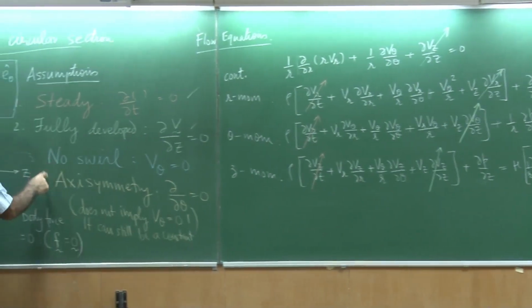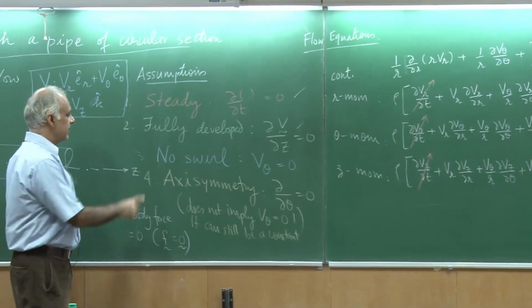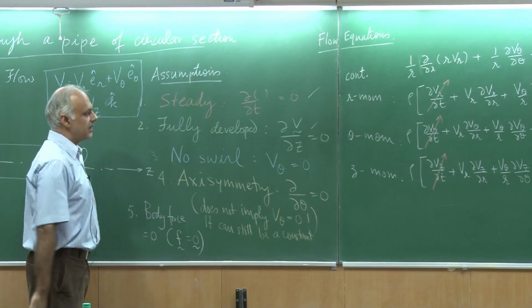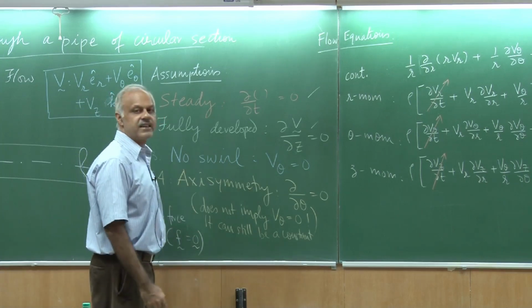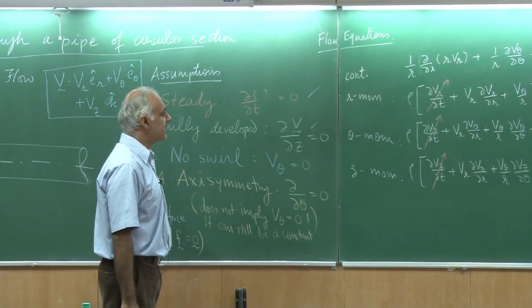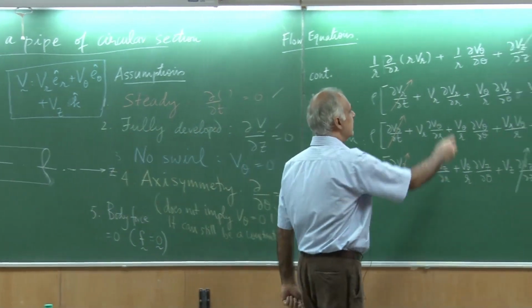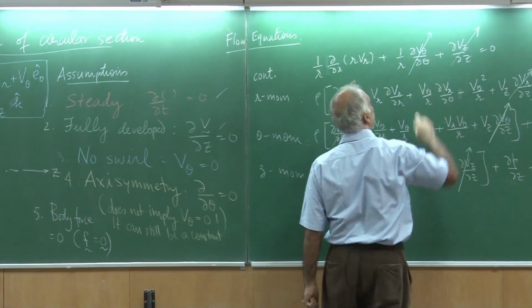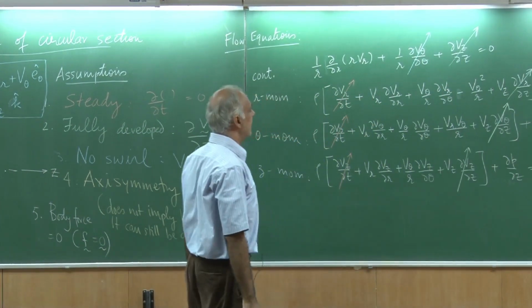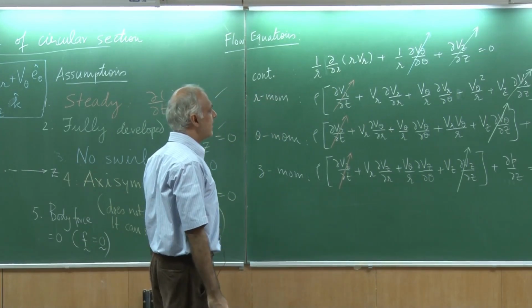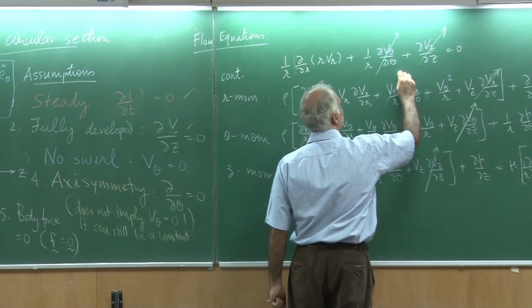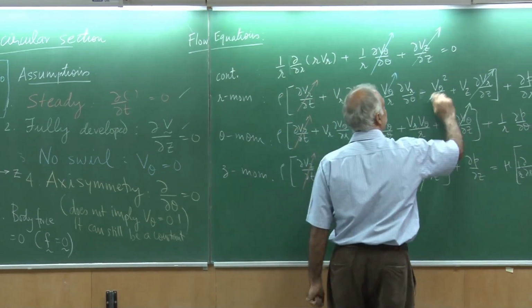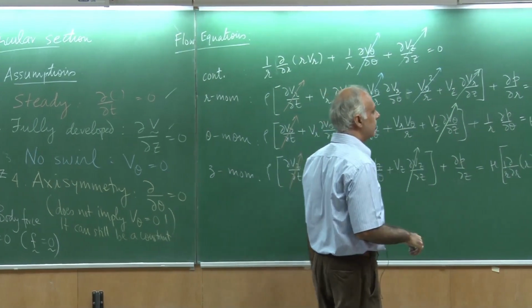Now let me look at this no swirl assumption. That means all the terms that involve v theta are identically 0. So since v theta is 0, I cannot have a variation with theta, so that goes away. So all the terms that involve v theta, I am going to identically put to 0.